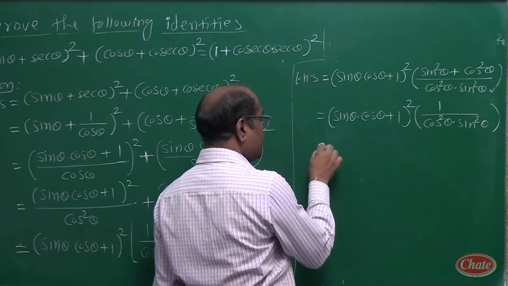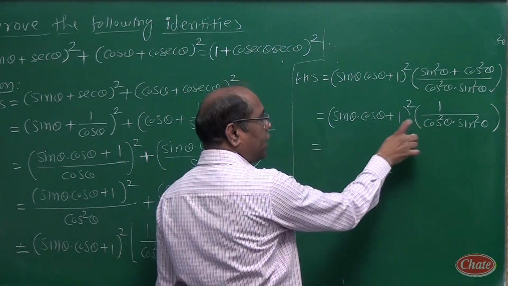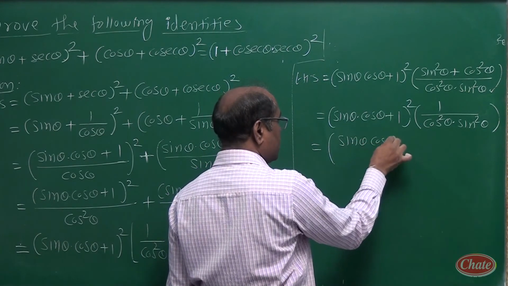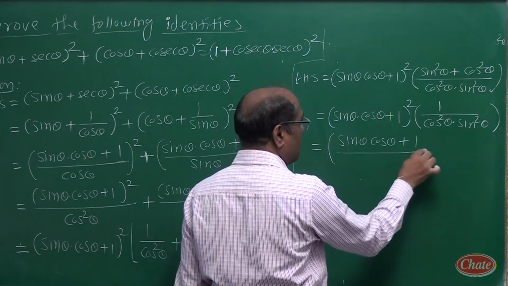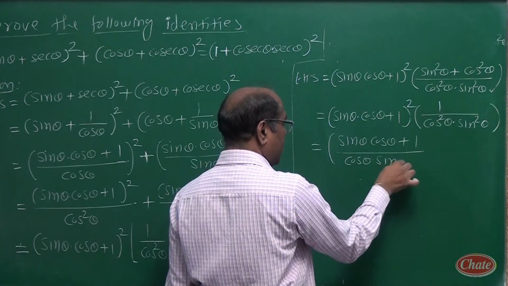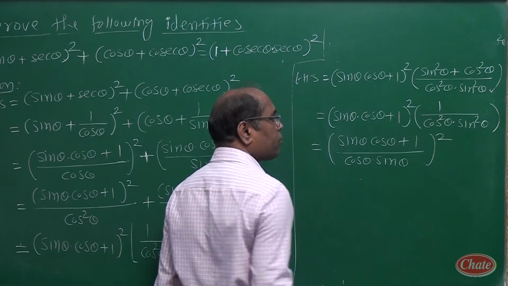Okay, so that is equal to, now it can be written as here (sin theta cos theta plus 1) divided by (cos theta sin theta), bracket square.